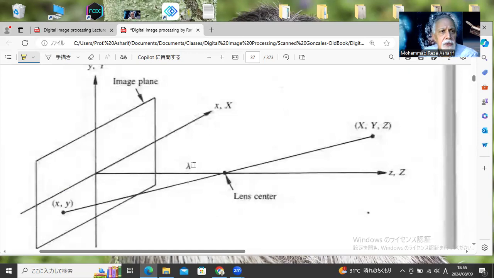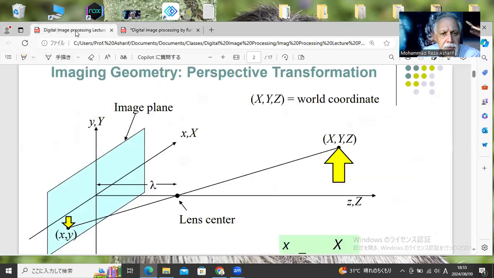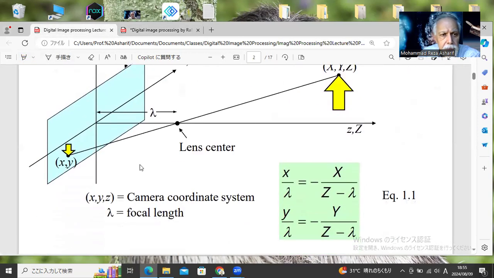You can see the xy coordinate of the camera, and x over lambda is X over z minus lambda. Because it is inverted, we put minus here, then it is minus lambda.